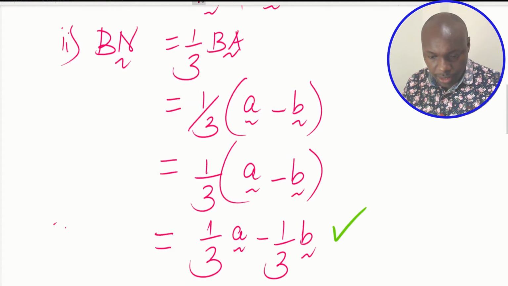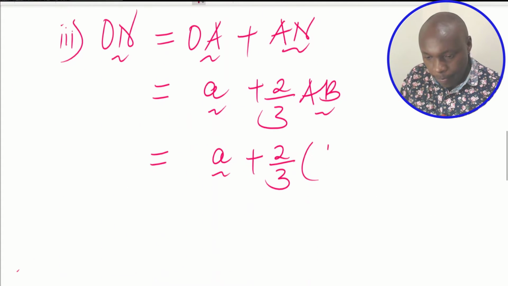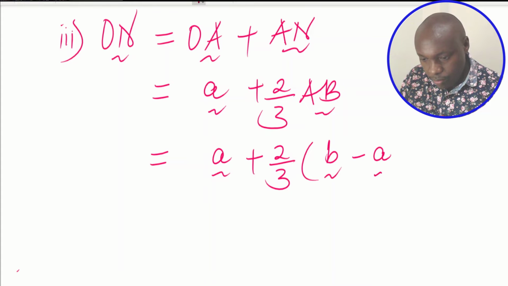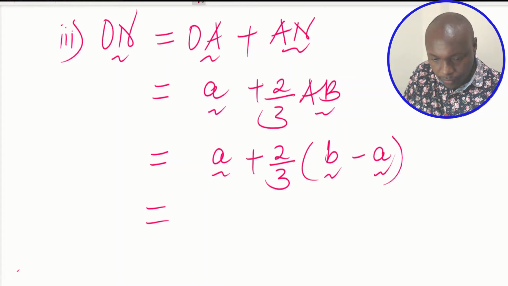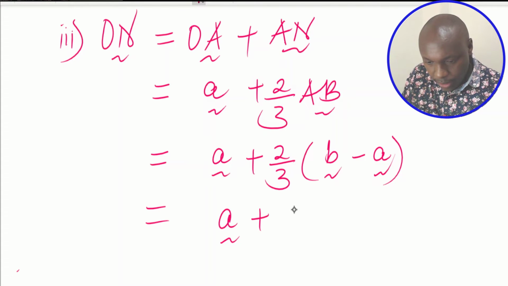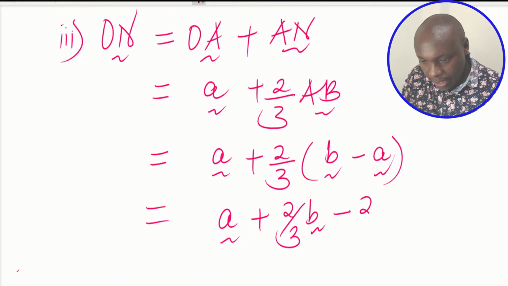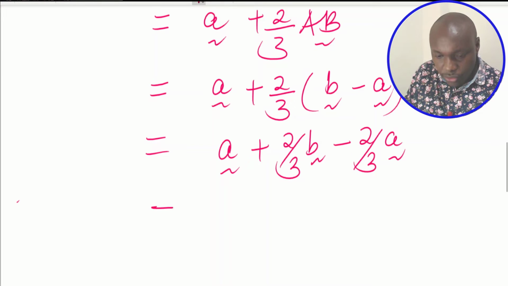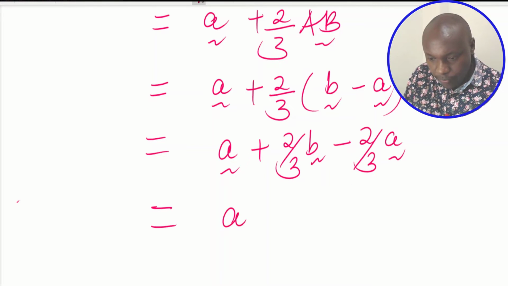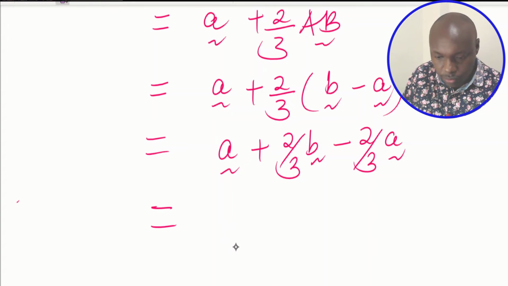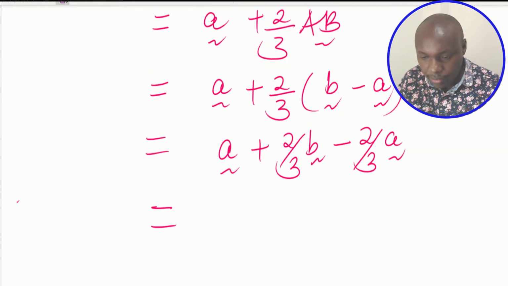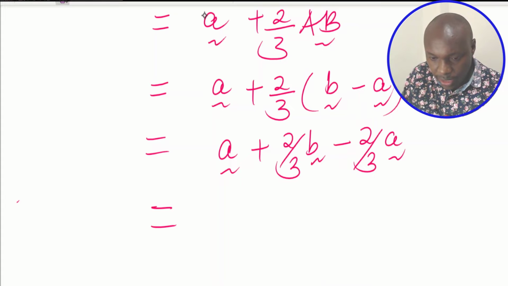So AB is B minus A. So you get A plus 2/3 B minus 2/3 A. When you take A and subtract 2/3 A, you get 1/3.